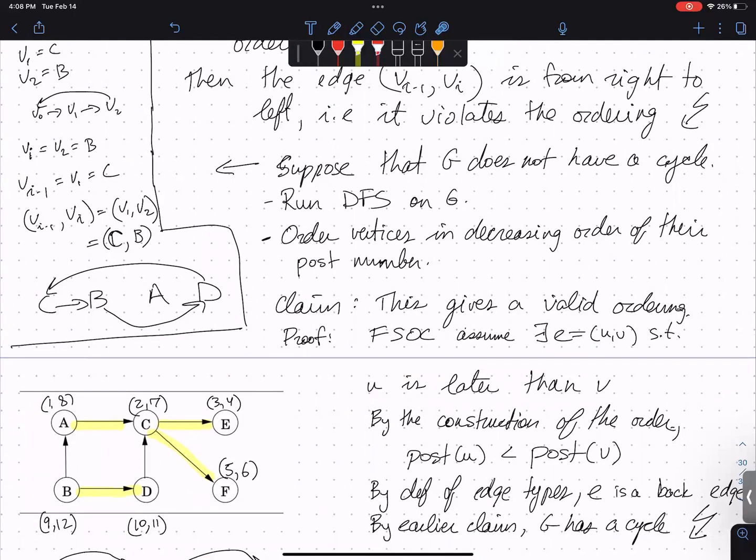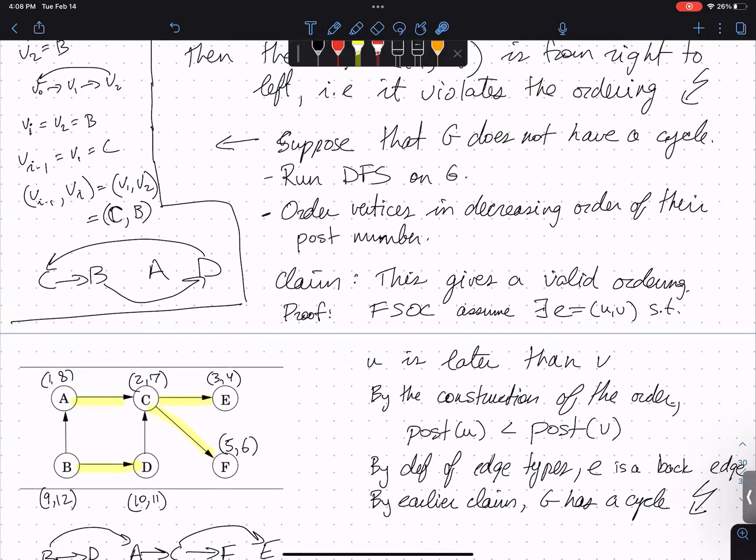The way we're going to do this is a proof by contradiction. Let's assume for the sake of contradiction that the ordering we created is not valid. In other words, there's some edge that's going from right to left, U to V, where U is later than V.